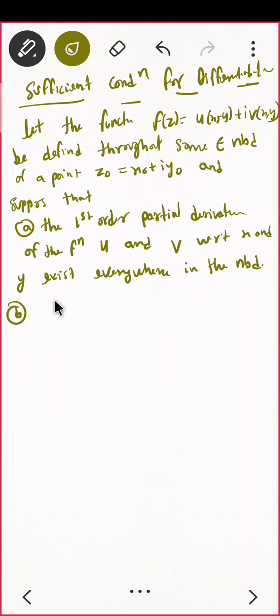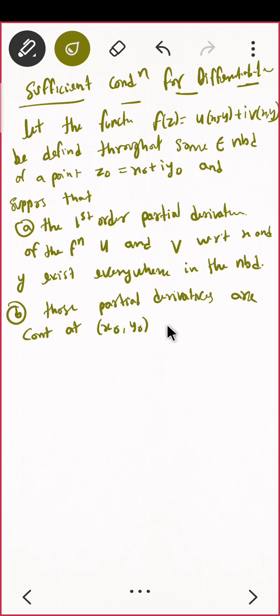Second condition, those partial derivatives are continuous. They must be continuous at that point. Correct? And satisfy the CR equations. That is, what is the CR equation?